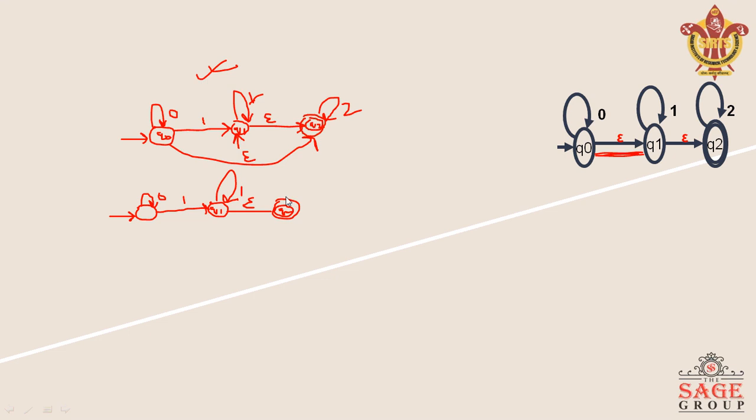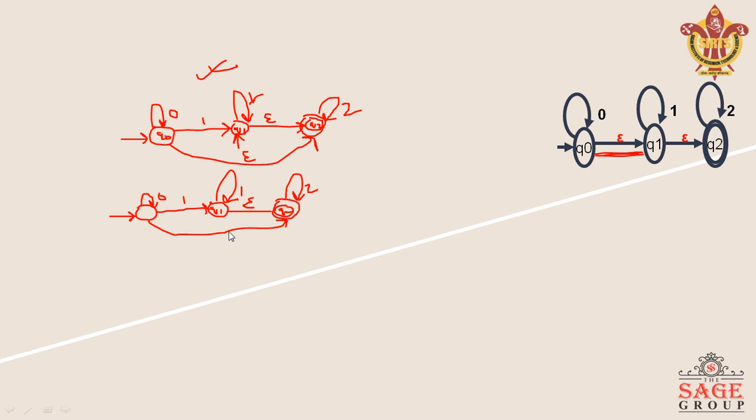And try to understand, this 2 is already given. So we are trying to eliminate from here to here itself. So there is only one edge, that is 2. So we'll have to duplicate this edge label from Q0 to Q2 itself, without changing the edge label 2. So we will do this one.